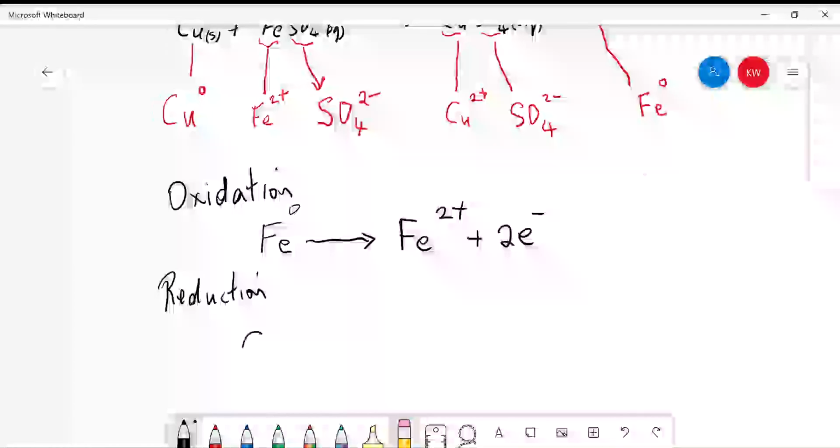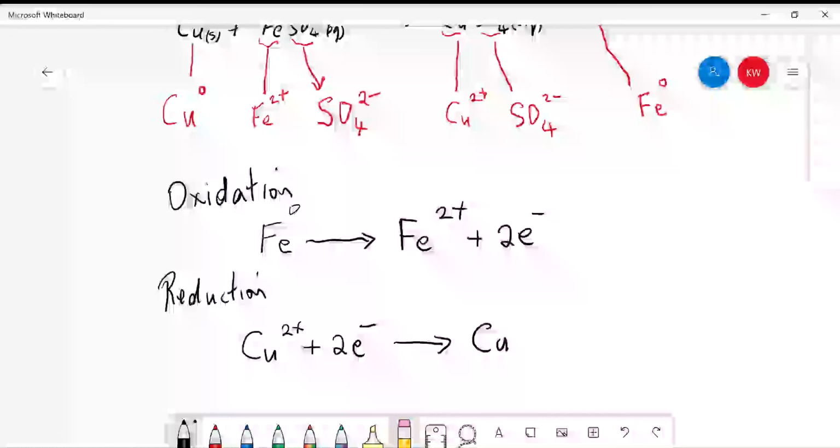So we'd have copper 2 plus plus 2 electrons to give copper. And if we look up at our equation, that's not what we have in here. We actually have copper 0 going to 2 plus. So this equation is not likely to be the equation in question.